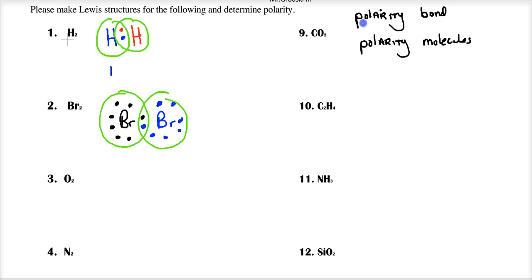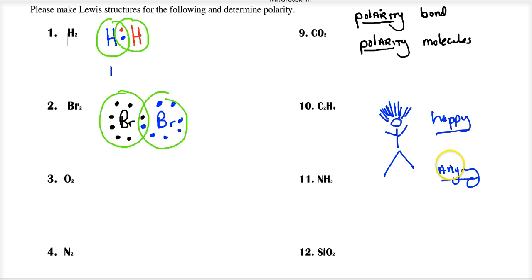Now, polarity means, do we have differences? You've heard the word bipolar. If someone's polar, they may have 2 sides to them. They may be happy one day and very angry the other, or they may have multiple personalities.